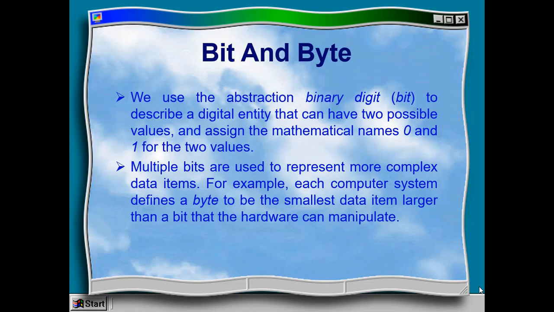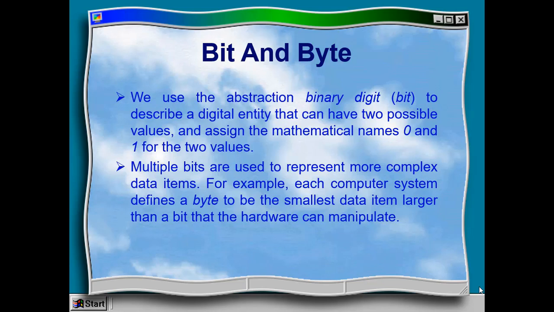So we move on to understanding what a bit and what a byte are. All data representation builds on digital logic. We use the abstraction binary digit, called the bit, the smallest element in computing, to describe a digital entity that can have two possible values, and assign the mathematical names 0 and 1 for the two values, right?